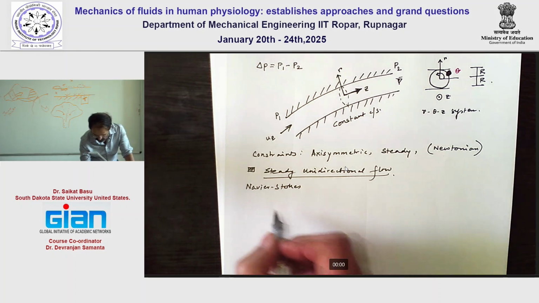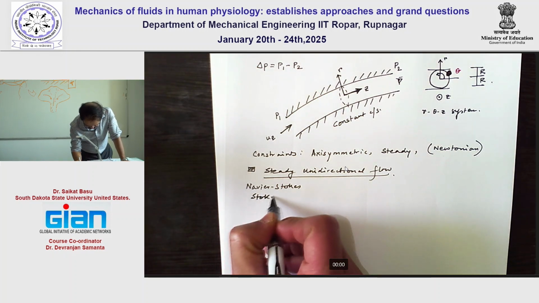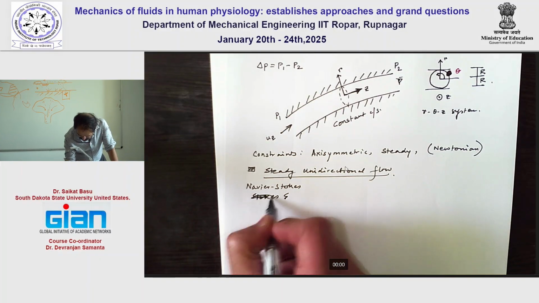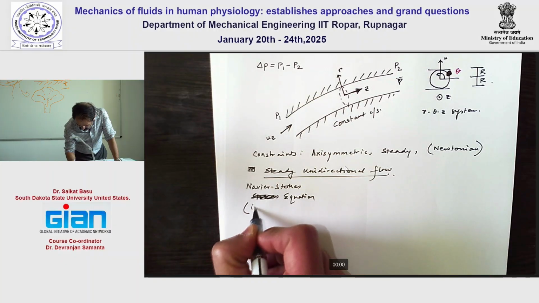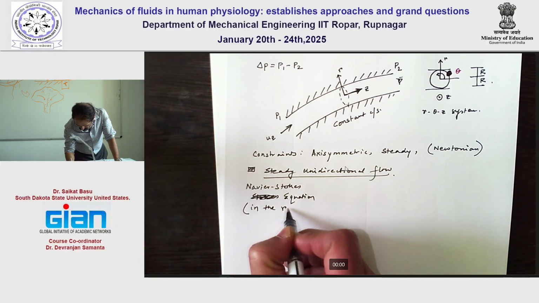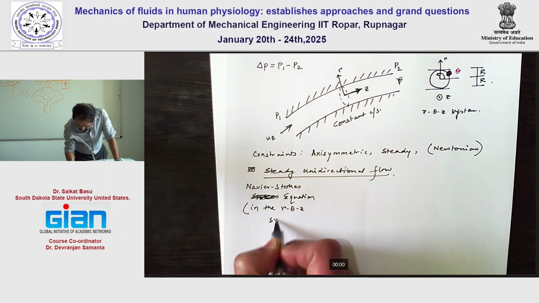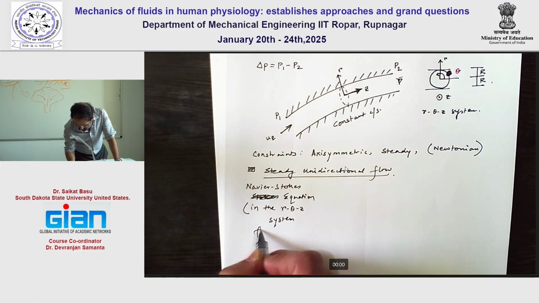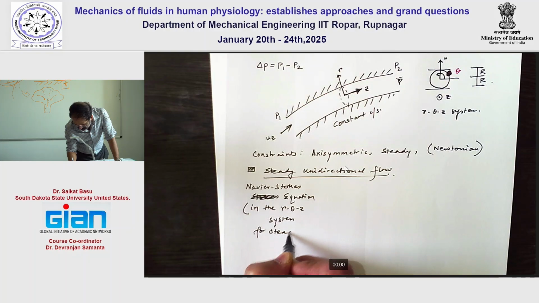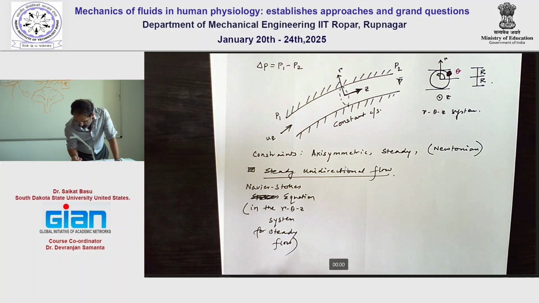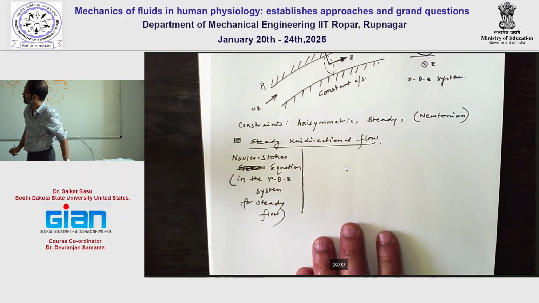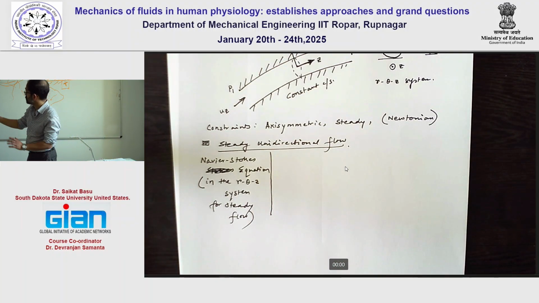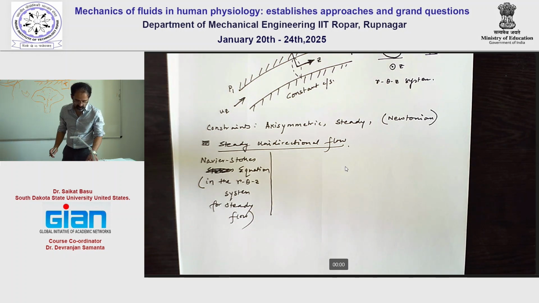So the Navier-Stokes equation, in the r theta z system, for steady flow. The dv/dt terms are out, so I'm just going to go to the reduced version of this equation, but it is going to be in the r theta z system.